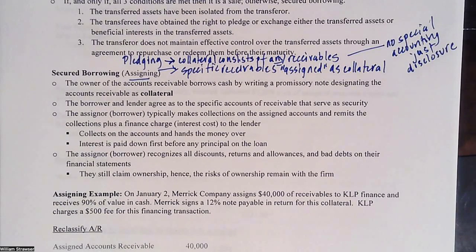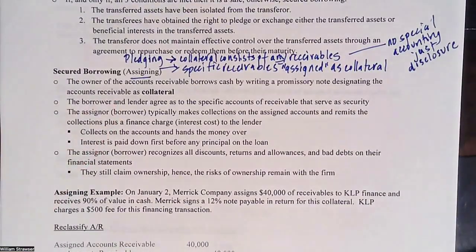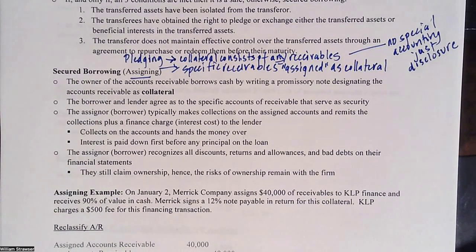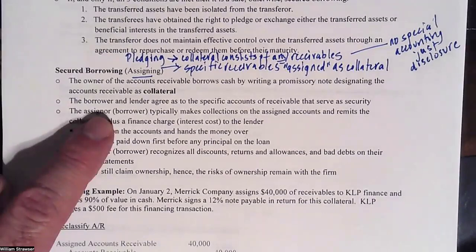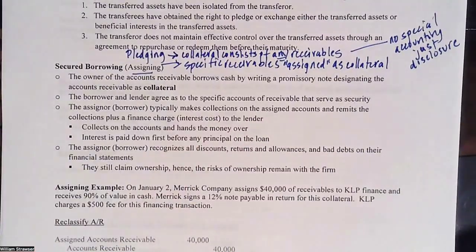But again, in either case, remember these are just collateral for either a line of credit or a loan. Right? So they agree on the specific receivables that we're going to allow to serve as collateral. The assignor, the borrower, can make collections on the assigned accounts, right?